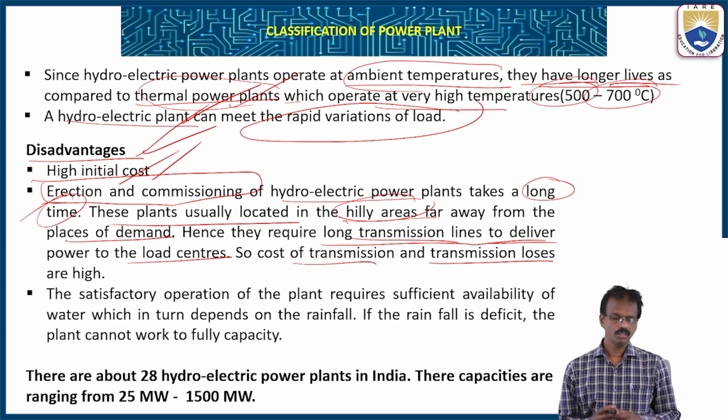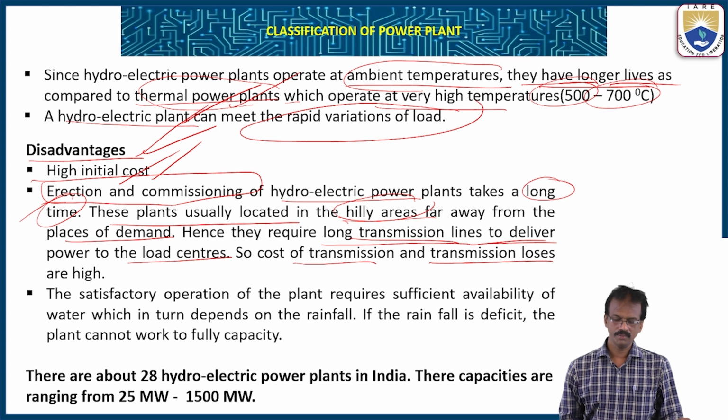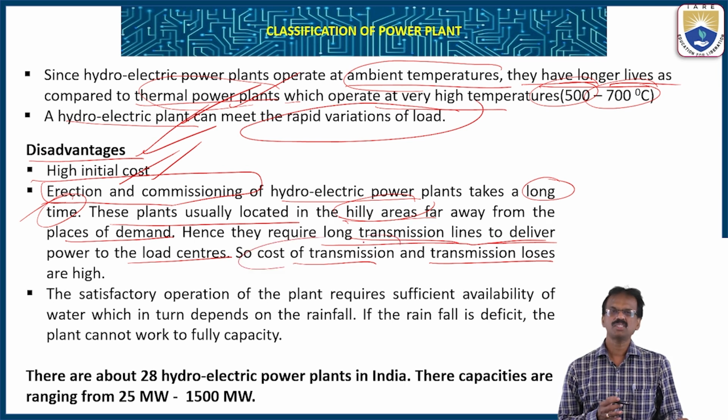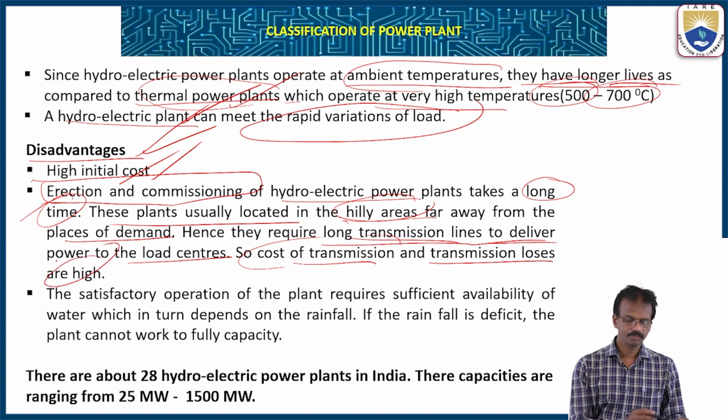So there is a huge gap, meaning the distance from the demand place to the hill areas. So long transmission lines are needed, the transmission cost will increase, and transmission losses will also increase.